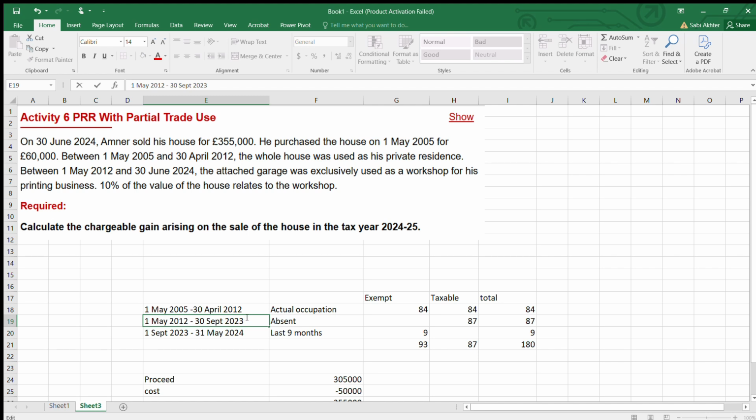Here it is partially exempt, and the last 9 months will always be exempt, which is 1st October 2023 to 30th June 2024.